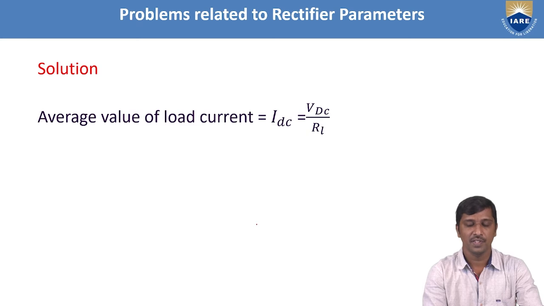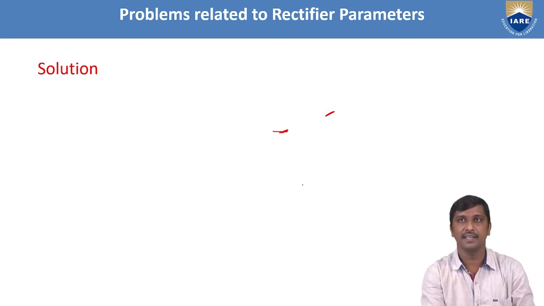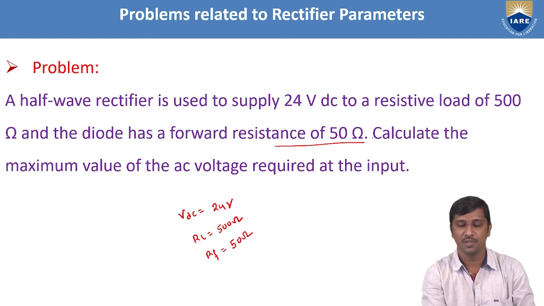So based on these given statements, first we need to calculate the load current, meaning the average current, that is the DC current. Generally it is represented as V by R. Which voltage do we need to consider here? We are calculating the DC current, hence we consider the DC voltage, and R is the load resistance. So VDC is 24 volts and load resistance is 500 ohms.